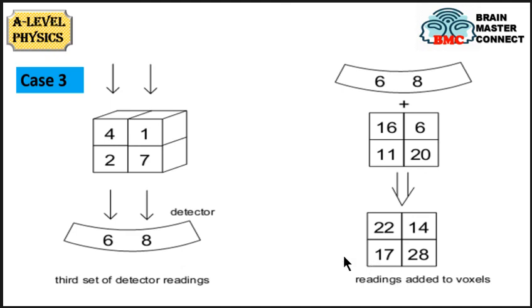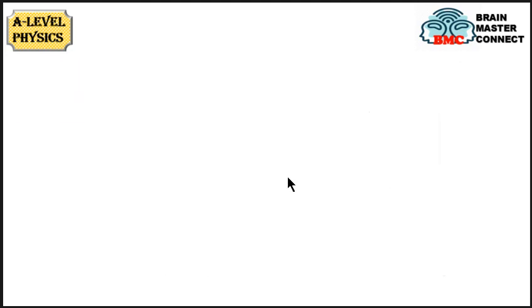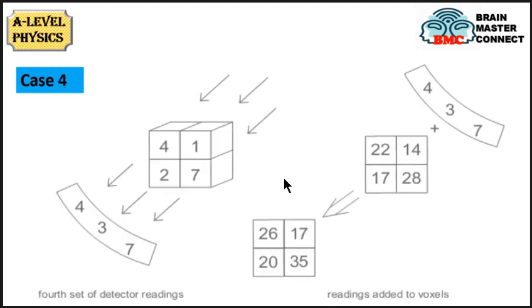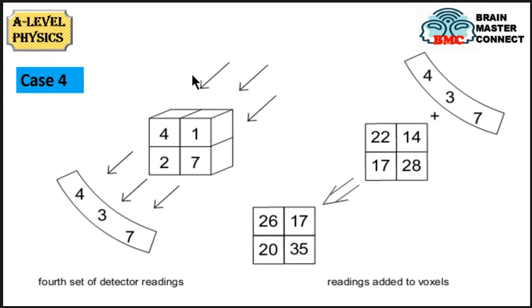If I move the X-ray beam by another 45 degrees, then I'll be having something like this, just as in case 4. So the beam will be coming from this direction, and again this will feed this, this feeds this and this, while this feeds this.